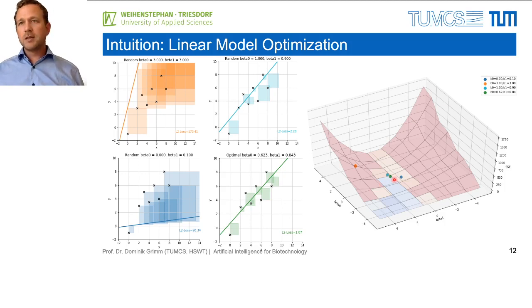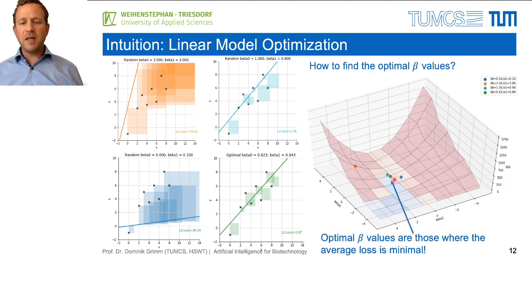And now the question is, how can we find these optimal beta values? We said we have to do empirical risk minimization, so we have to find the minimum, but how can we find the optimal beta values that lead to the minimal average loss? When we use an L2 loss, we can do that by computing the gradients, and therefore we can also compute the derivatives.